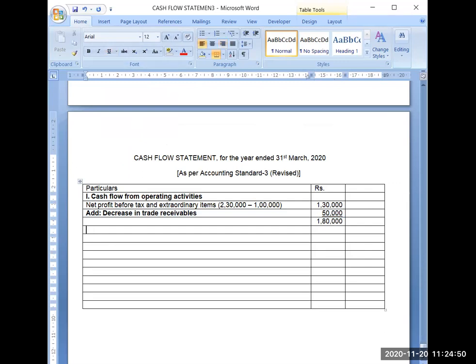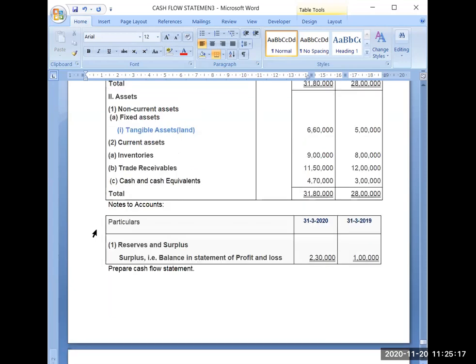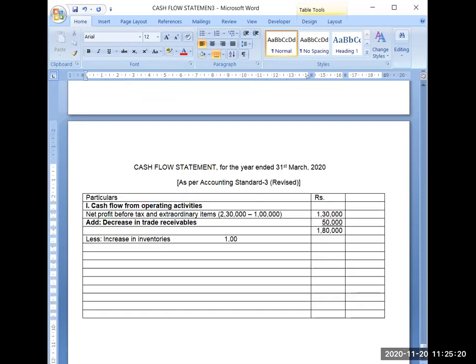Now we will subtract less increase in inventories. Inventories are increasing by 1 lakh, so we have to reduce 1 lakh. Then we have to reduce also decrease in trade payables.